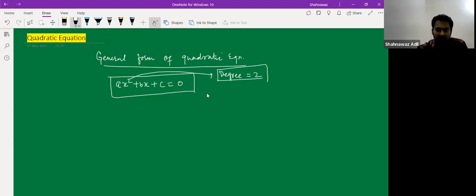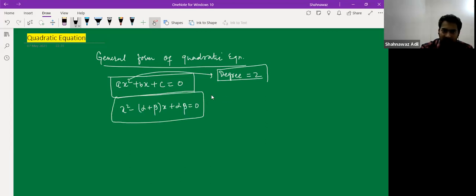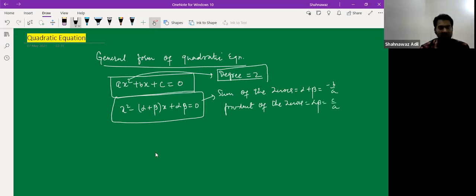And from the polynomials, you also learned that x square minus (alpha plus beta) x plus alpha beta, you can write this way also, when you know the sum of the zeros and the product of the zeros, right?